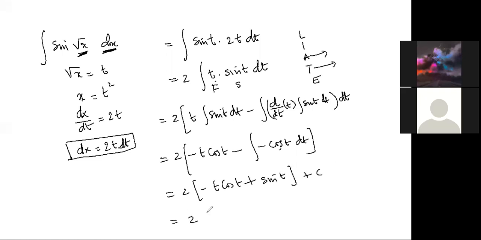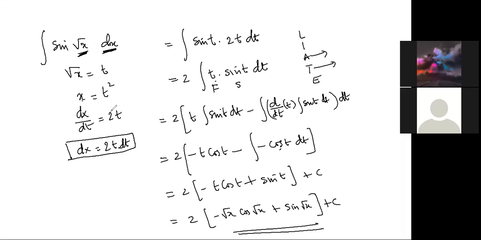Now wherever t is there, replace it by root x. This is your answer. So in the substitution method, whatever the angle part is, that should be put as t.